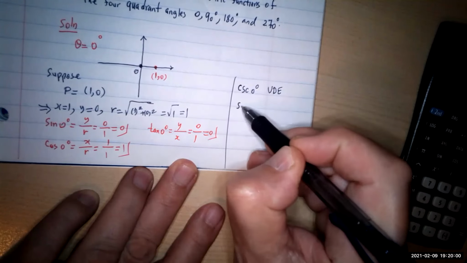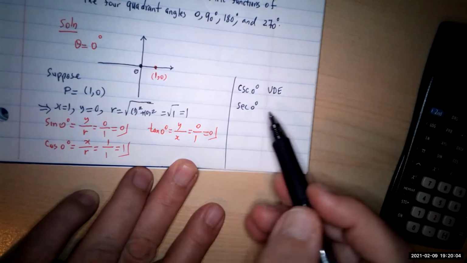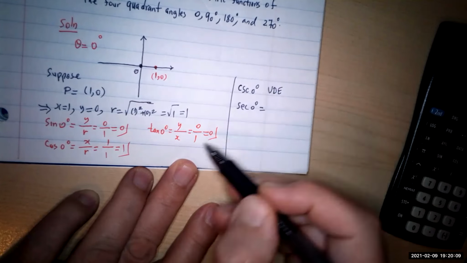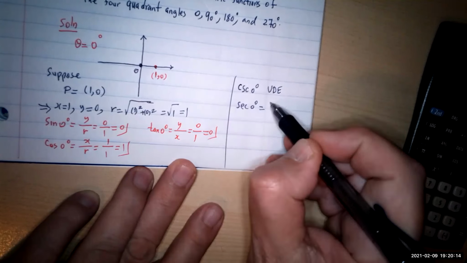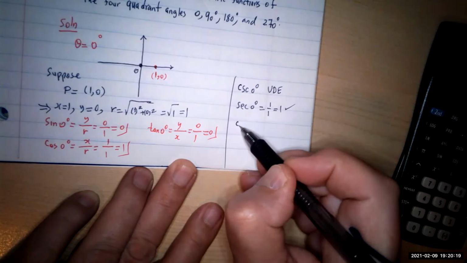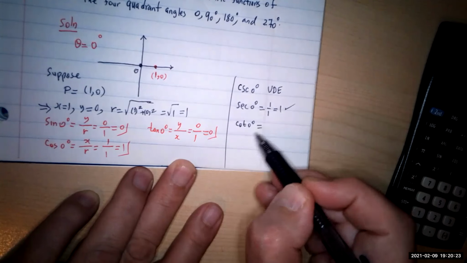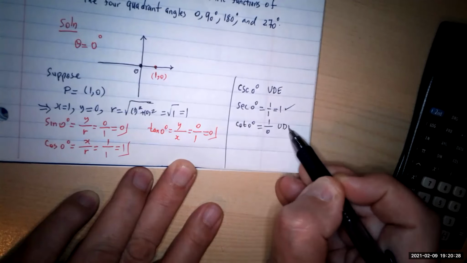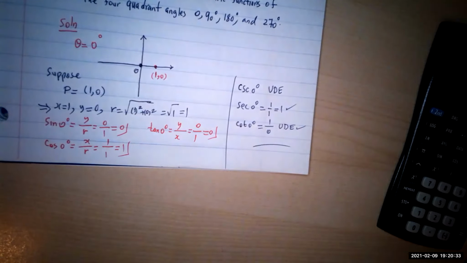Then the secant: secant is the reciprocal of the cosine, which is 1 over 1, which is equal to 1. The cotangent is the reciprocal of the tangent, the reciprocal of 0, which is not possible. It's undefined.